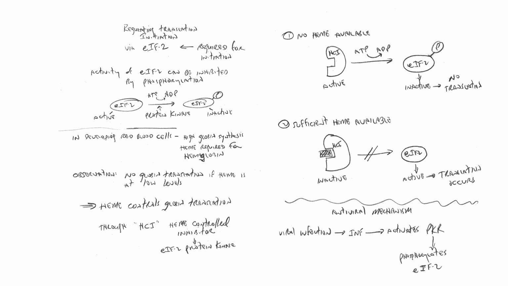Now, there are 4 globin protein molecules that come together to make a complex, but in addition to that, you require a heme group. A heme group is a cofactor. It's not an amino acid base.